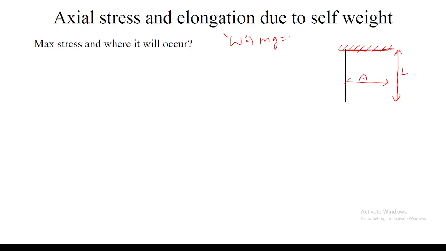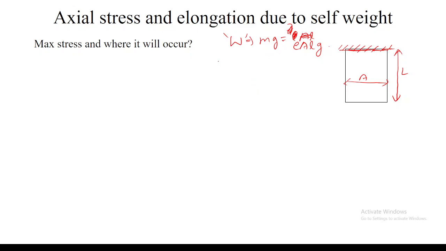Mass I can write as rho into the volume of this member, which is nothing but AL. So W equals rho A L into g.